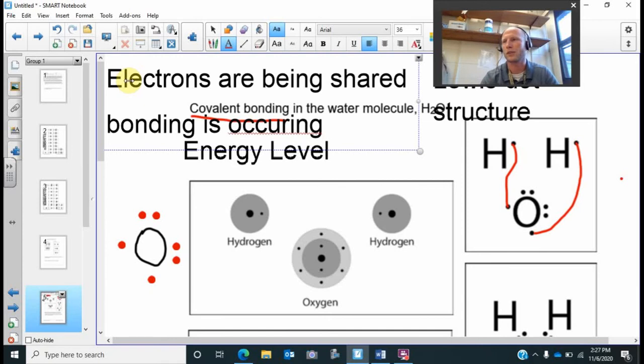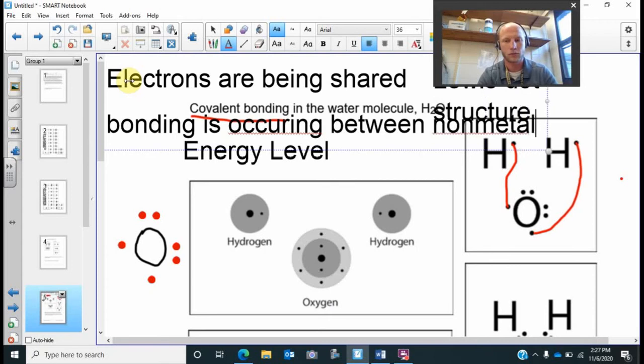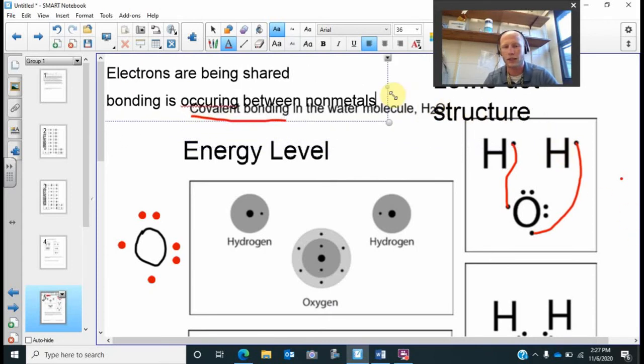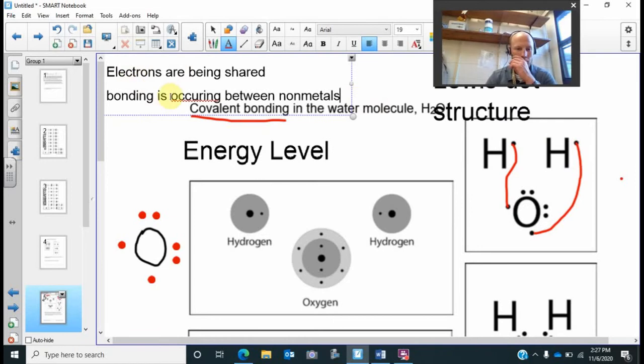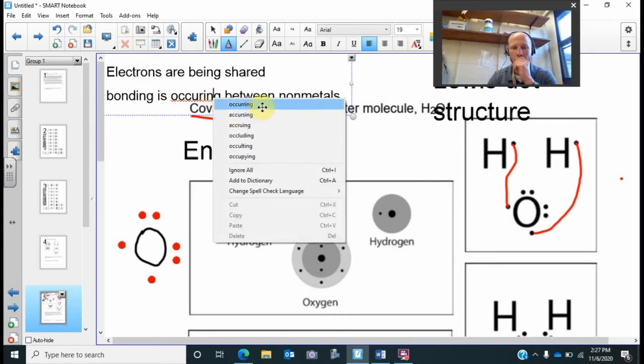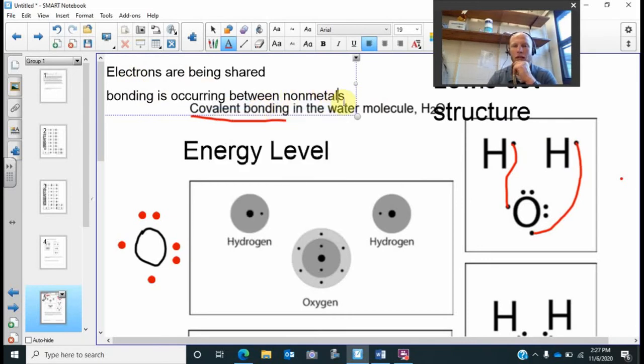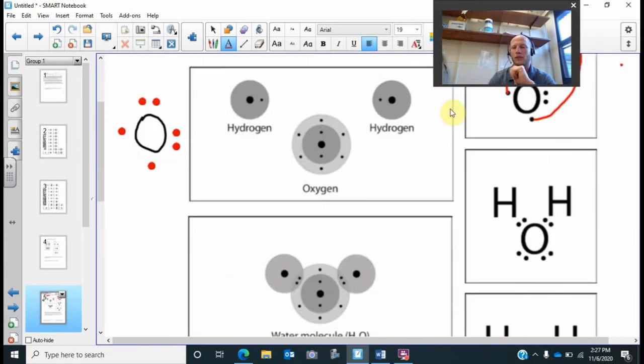Thank you. I know this looks super sloppy right now, so we'll condense it to right there. So bonding is occurring between nonmetals. Ionic is electrons are being taken or given, and the bonding is occurring between metals and nonmetals. So we have that positive negative ion.